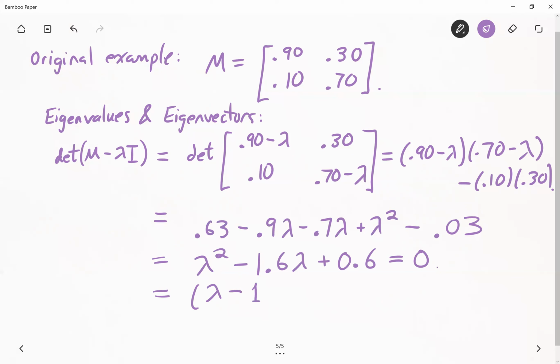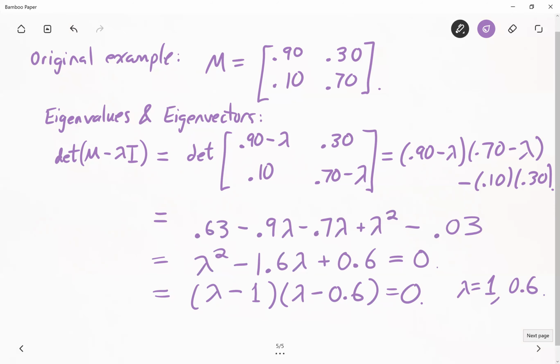That'll be lambda minus 1 and lambda minus 0.6. Therefore, we get our two eigenvalues. Lambda could be either 1 or 0.6. And as we'll see, in these problems, we're going to expect to have one of the eigenvalues equal 1. We're going to probably expect the other eigenvalue to be a number less than 1.